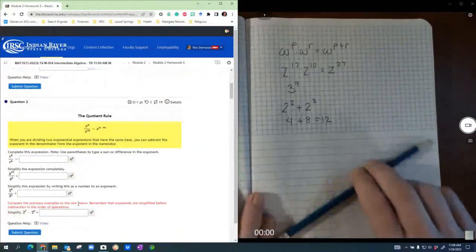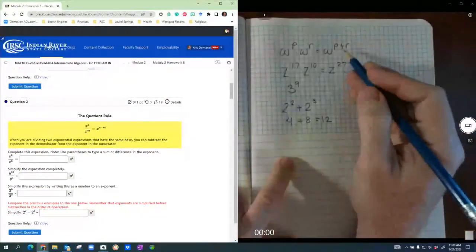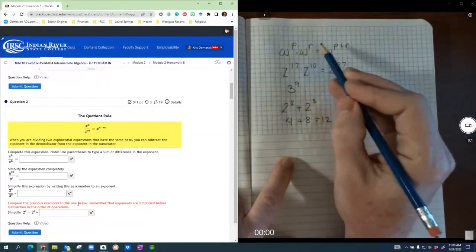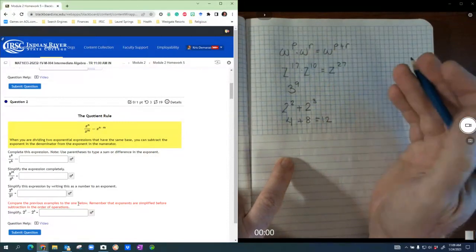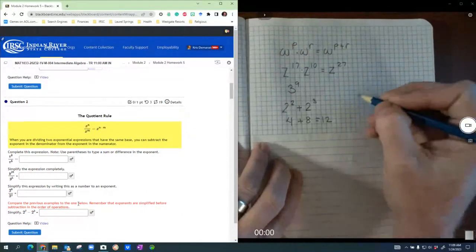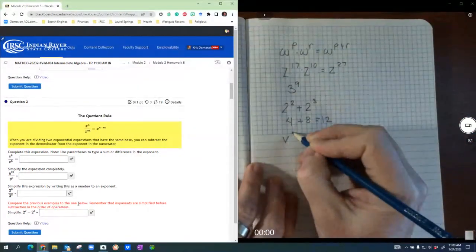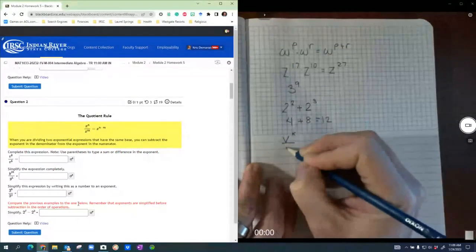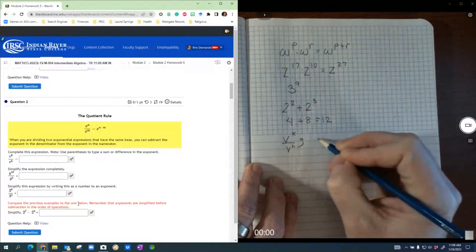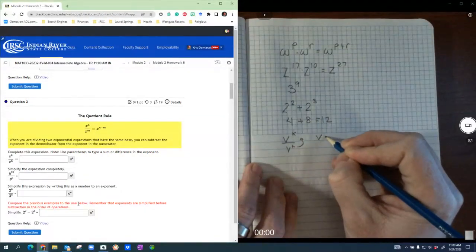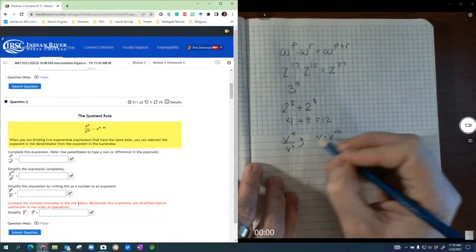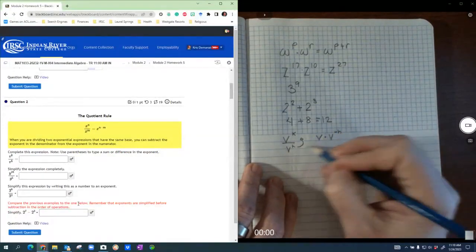Now, the quotient rule of exponential powers is where we have multiplication right here. Multiplication results where we add. Well, with division, you subtract, and that's what you do with the exponential powers. Now, I'm going to take it a step further in just a minute. All you have to do is take this and bring it up to the top, and when you do, this exponential power becomes its opposite.